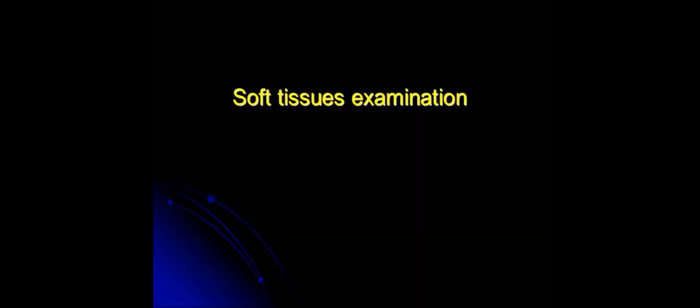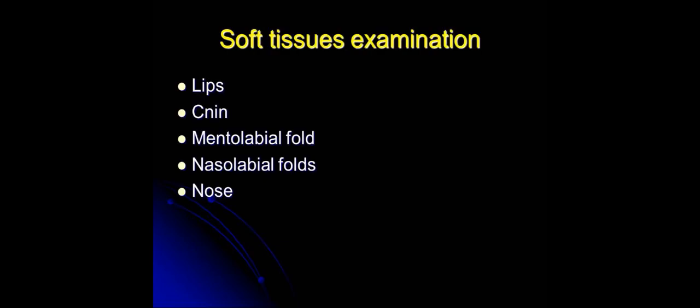Soft tissues. It is particularly important to assess soft tissues carefully to find out are they the cause of malocclusion or they have adapted to it. Soft tissues examination includes examination of lips, chin, mandibular fold, nasolabial folds, and examination of the nose.